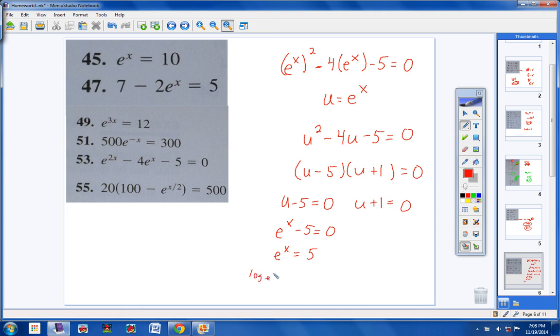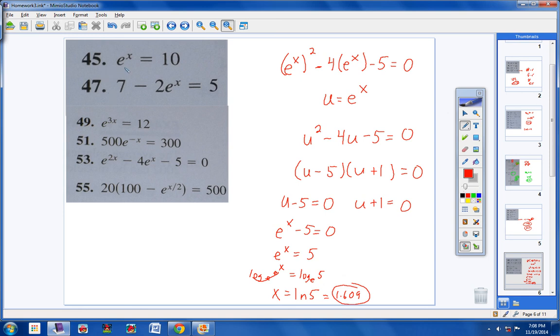Log base e, log base e. Of course, these cancel out. X equals natural log of 5, so x equals 1.609. Okay, so that's one answer so far.